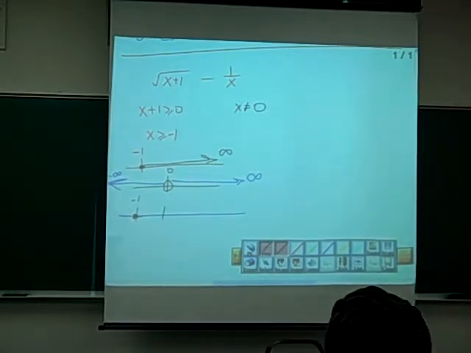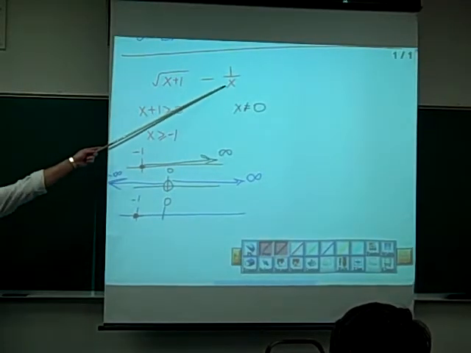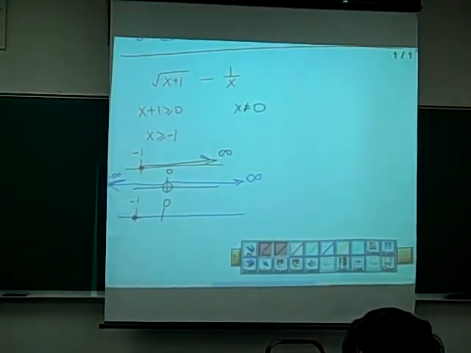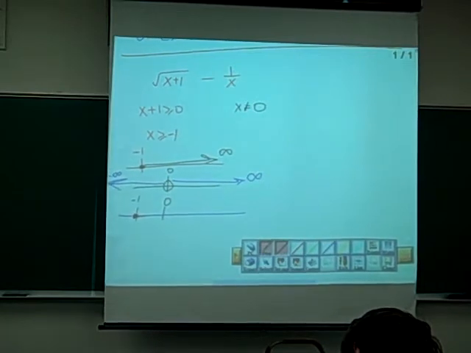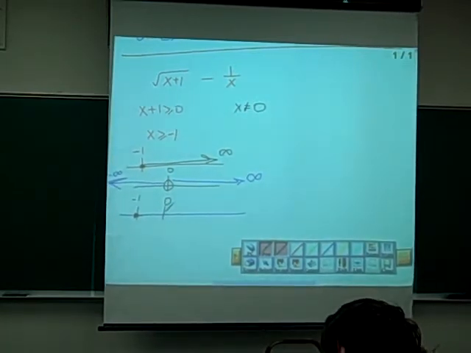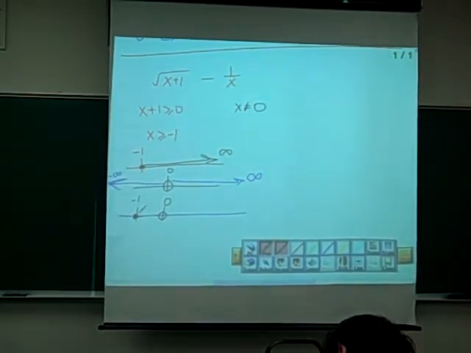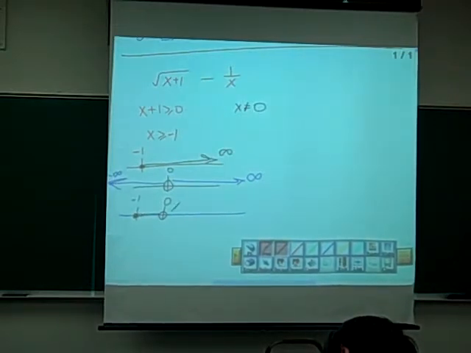But at 0, we cannot have a 0. So at 0 is it open or closed? Open. Therefore we can have a solution from negative 1 to 0, open at 0, and then it goes to infinity from there. So is it negative 1, 0, and then 0 to infinity? Negative 1, is that a bracket or parentheses?